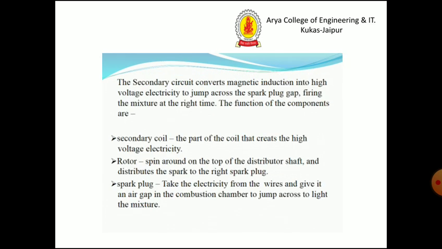The secondary circuit converts magnetic induction into high voltage electricity to jump across the spark plug gap, firing the mixture at the right time.